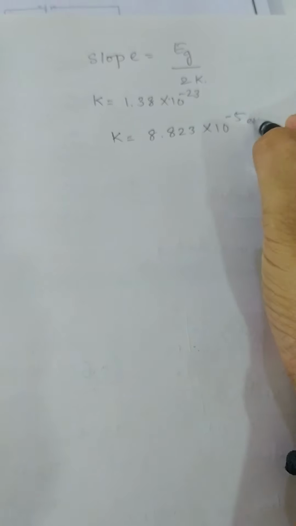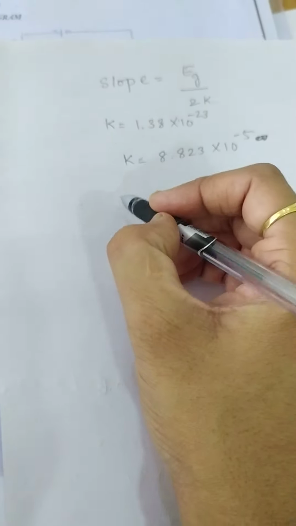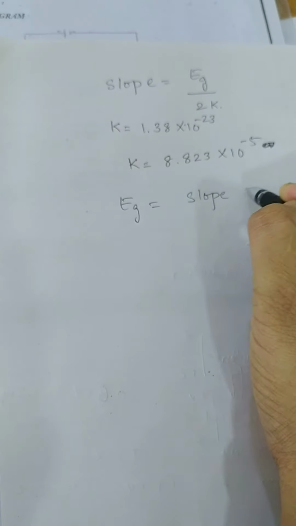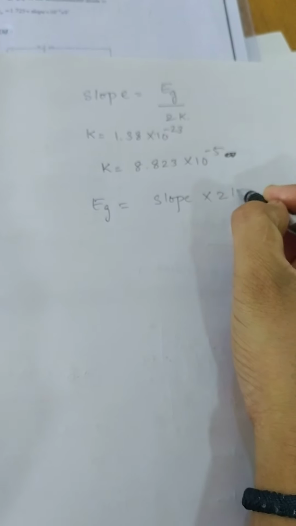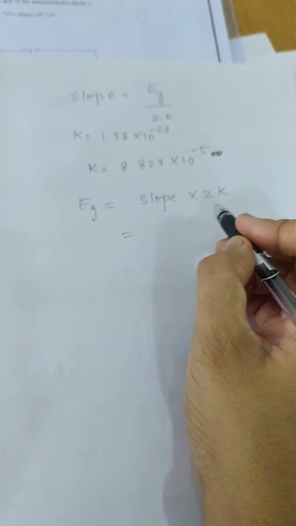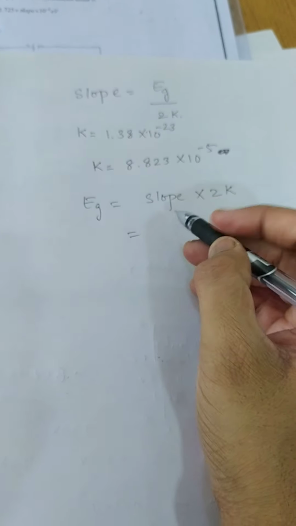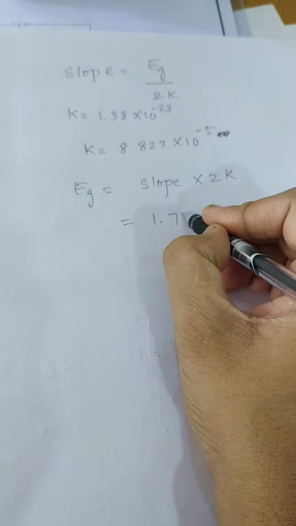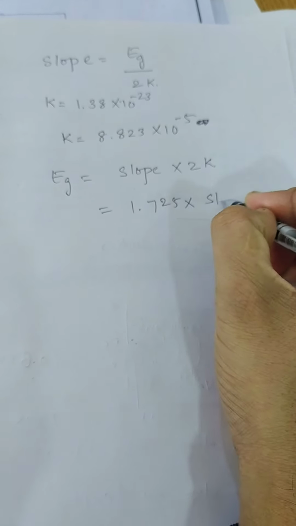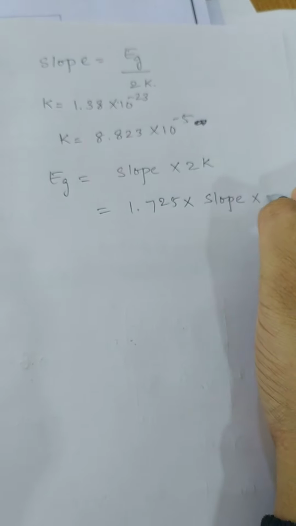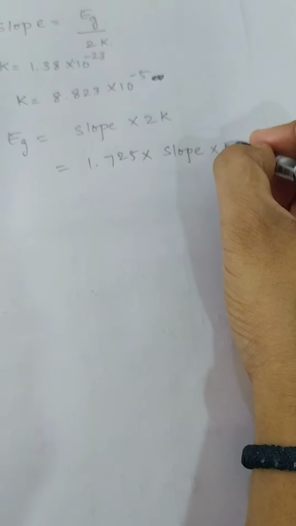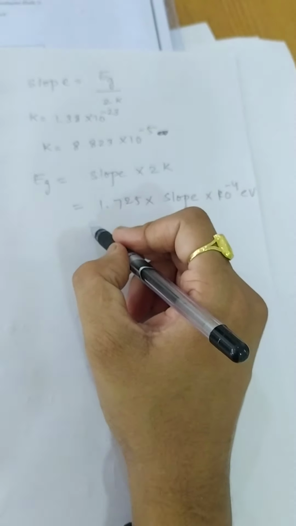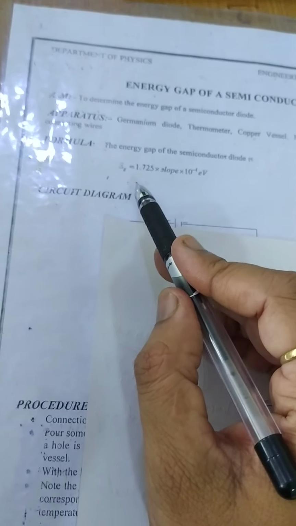So Eg is equal to slope into 2K. Two times 8.823 is approximately 1.725, so Eg is 1.725 into slope into 10 to the power of minus 4 eV. This is where the equation comes from, and that is the reason why we have Eg equal to this.